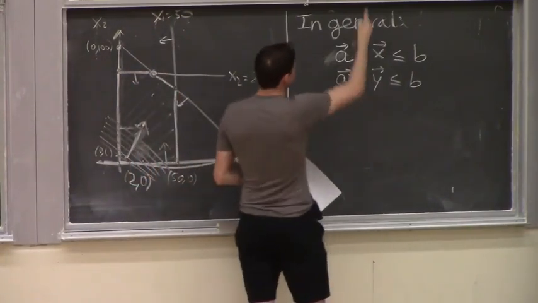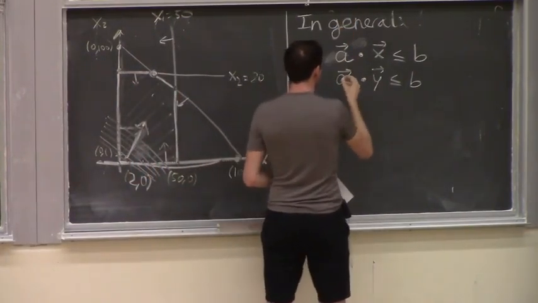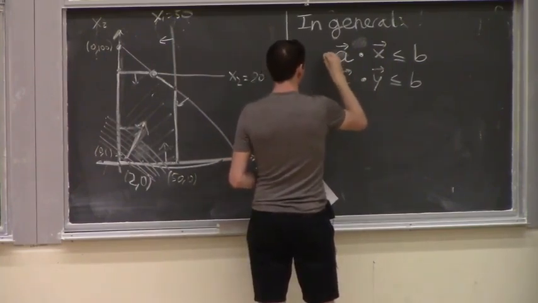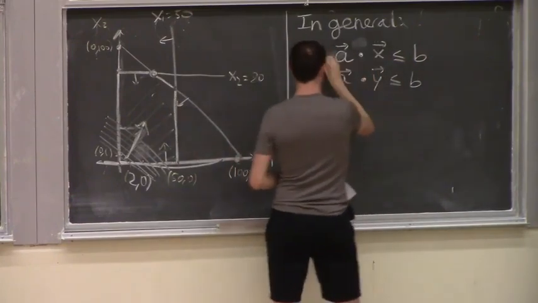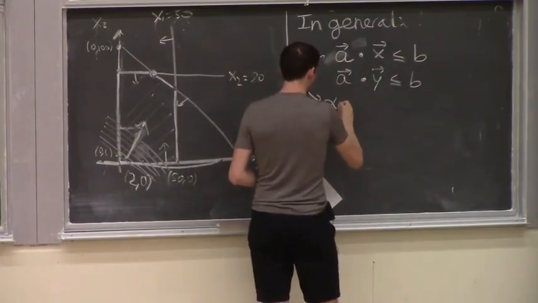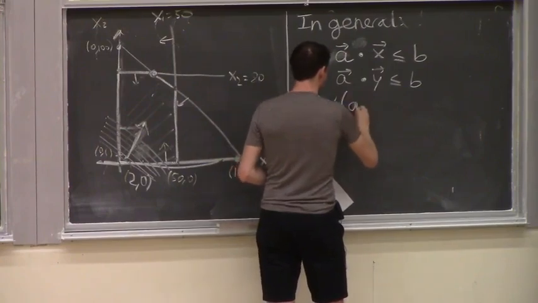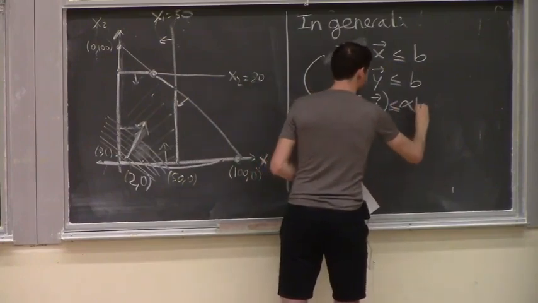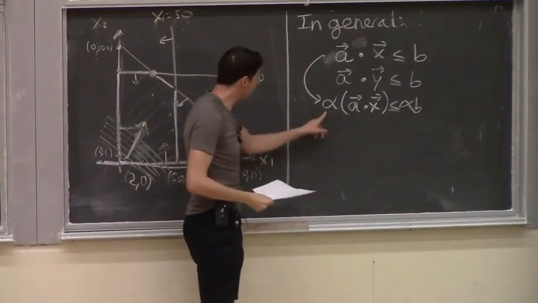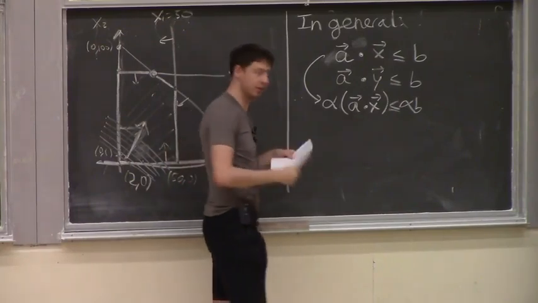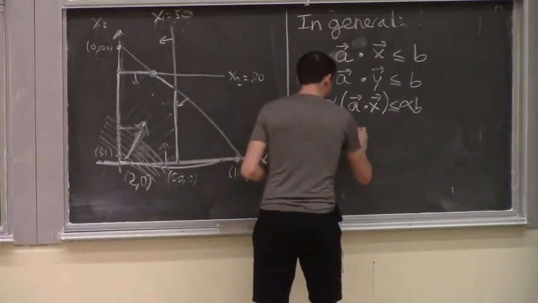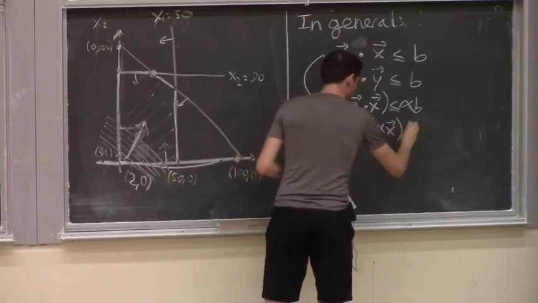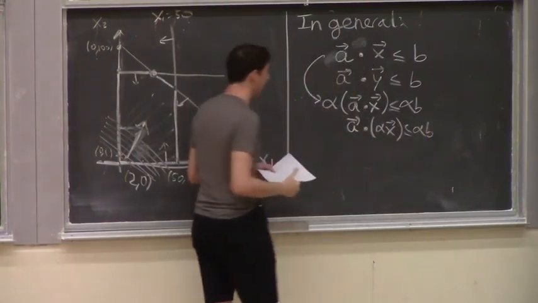And then I can just do the same thing as up there. I can multiply this thing by alpha, both sides. So alpha times whatever is inside here is at most alpha b. Then the alpha, I can move it inside. This is the same as A dot product alpha x. What is alpha x?